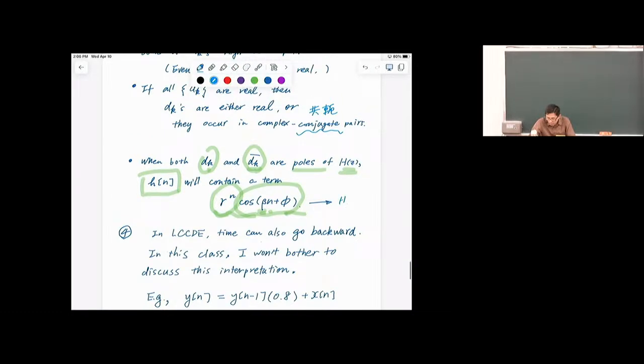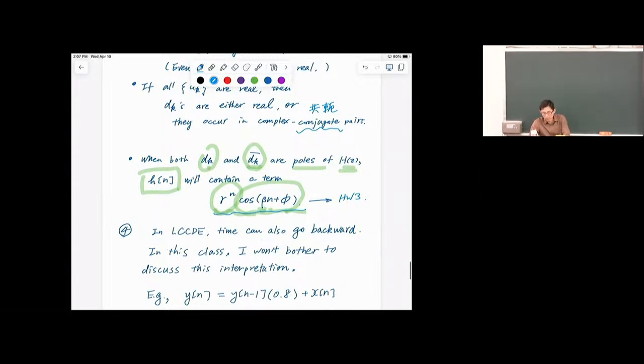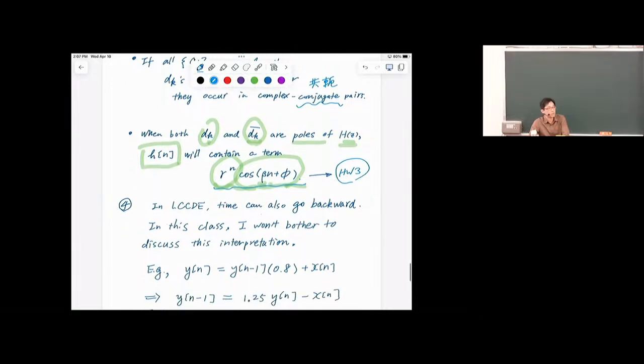Part of it is I asked you to figure out how, when the impulse response contains a term like that, we can construct a difference equation whose impulse response looks like that. And you see that this happens when we have two complex conjugate poles. You'll show that. So that's part of our next homework. If you're interested, please work it out.